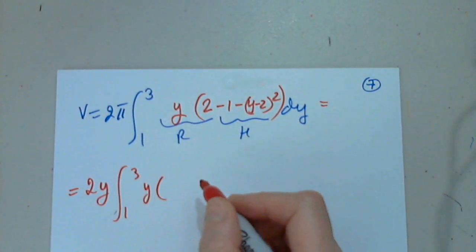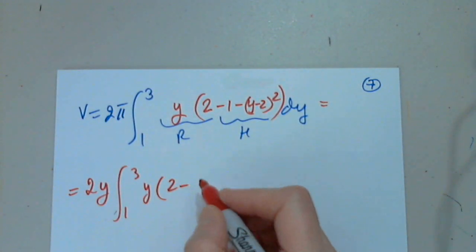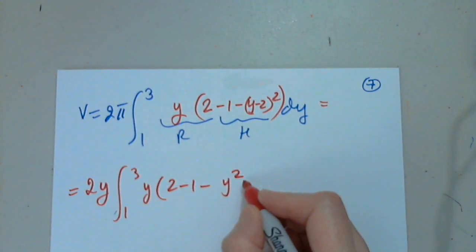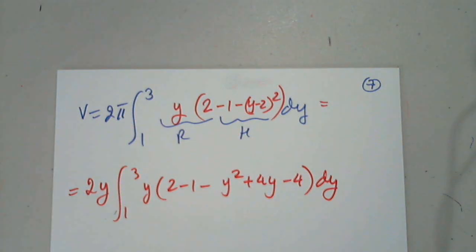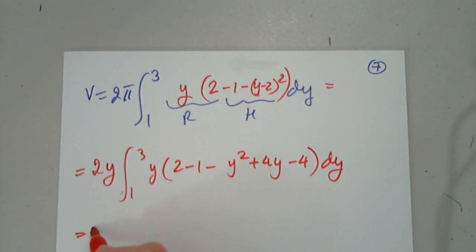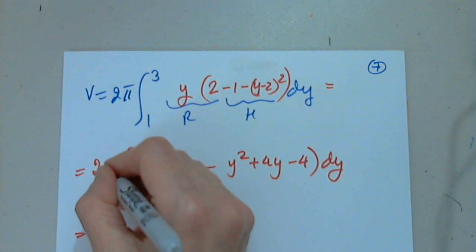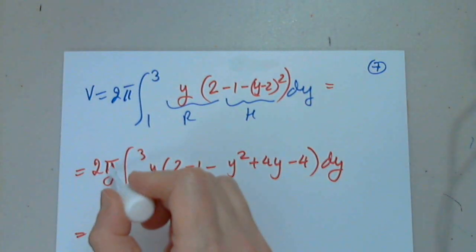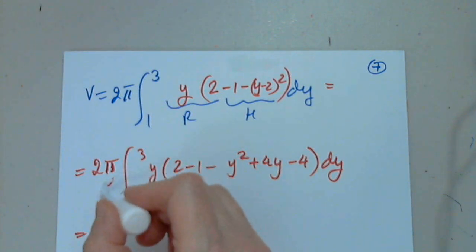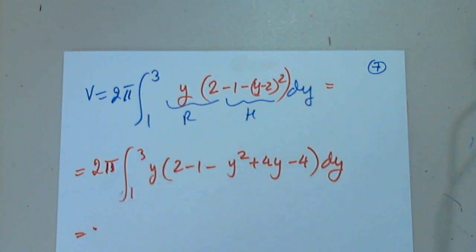So I have y times (2 minus 1 minus y squared plus 4y minus 4) dy. Oh, look at that. Thank you for your patience.